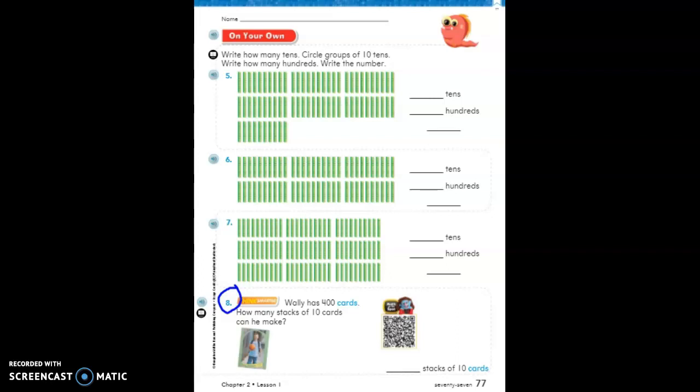We make 100, okay? So 10 stacks of 10 equals 100, right? So we know 10 stacks of 10 equals 100.